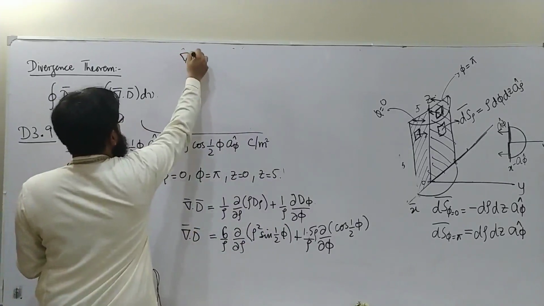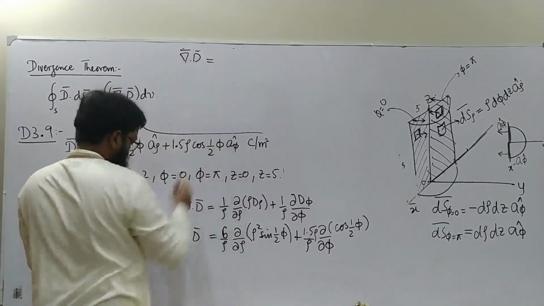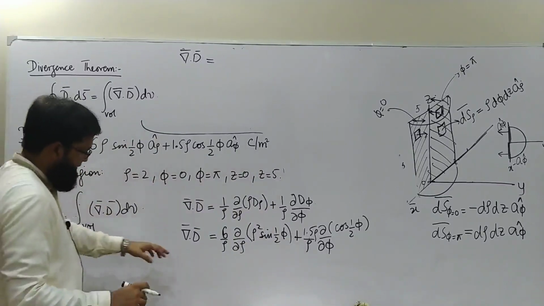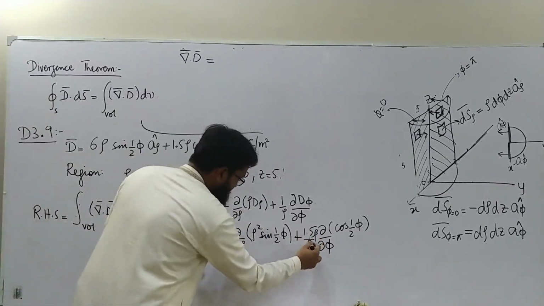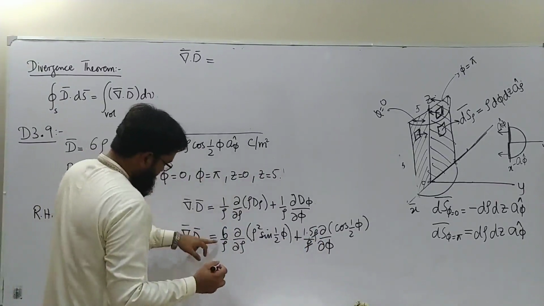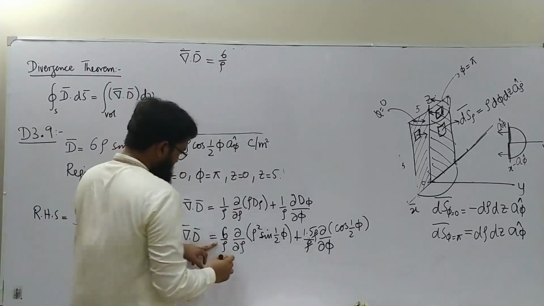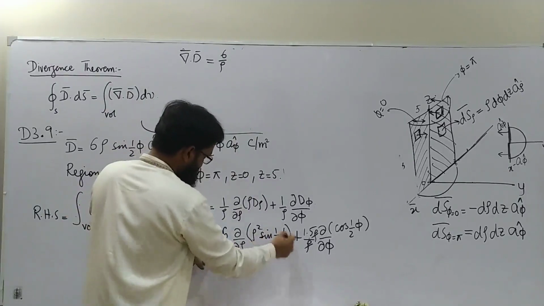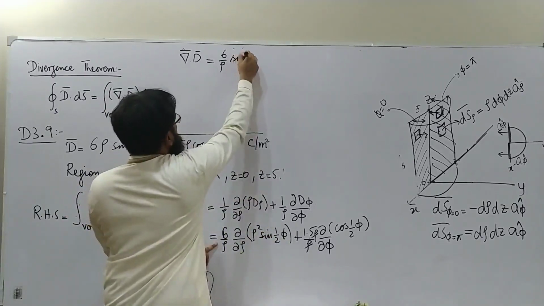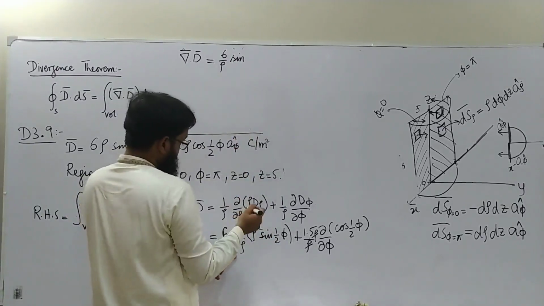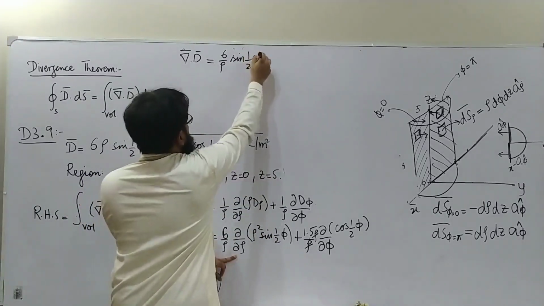Let's see if I'm missing something, otherwise I'll get the wrong answer. We'll trace it then. So 6 upon rho, and sine half phi should be constant because the derivative is with respect to rho.